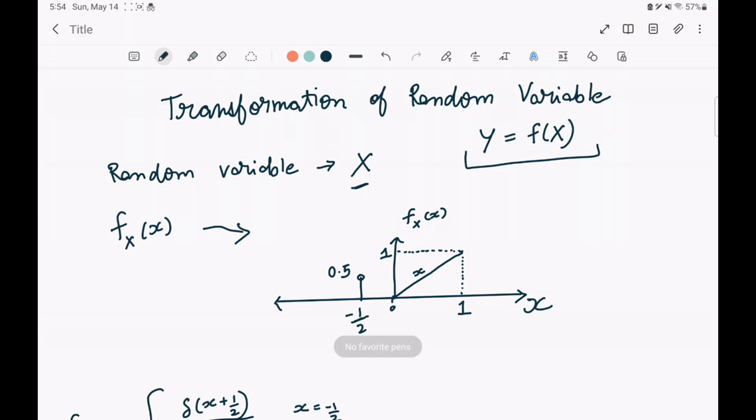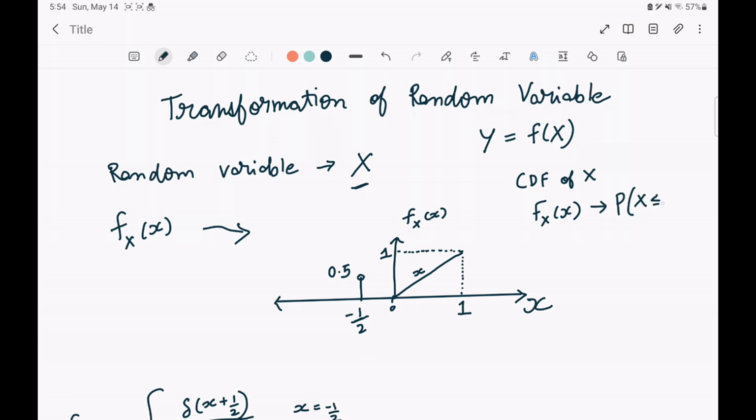I'll give a quick recap of what we used to do to compute the PDF and CDF of y in those cases. We used to calculate the CDF of x, which is Fx of small x, which can also be written as the probability of X being less than or equal to small x.